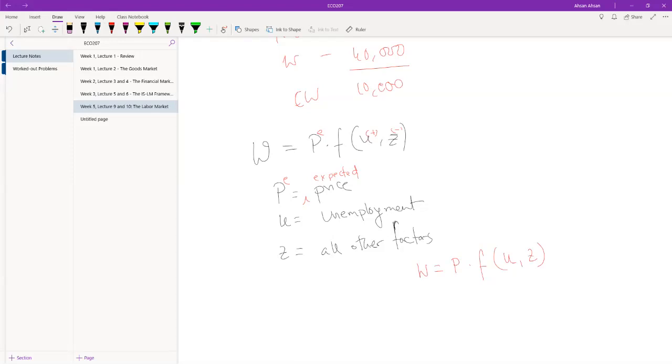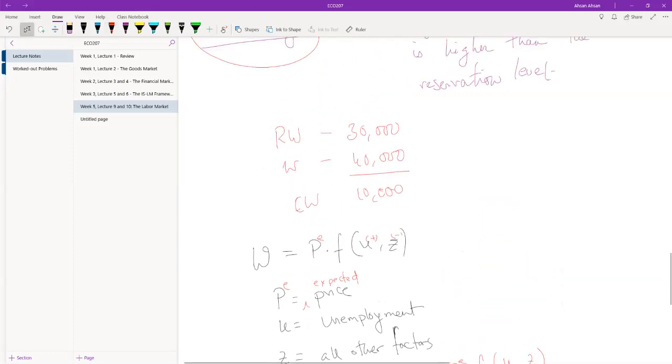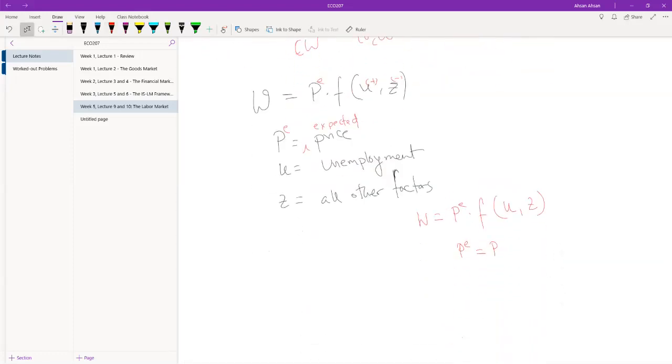We're going to let price go up or down in the next chapter. So if this is PE, we're going to assume that what we expect the price level to be is what the price is today, which means it's basically fixed. In the next chapter, we're going to relax this assumption. Okay. So this was wage determination.